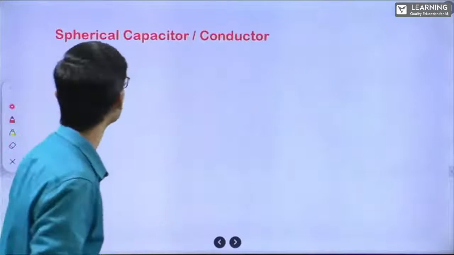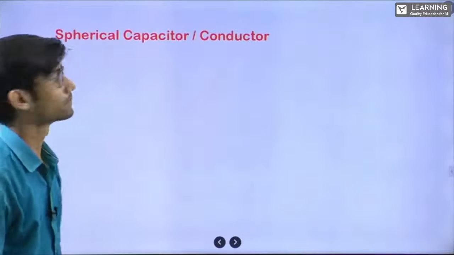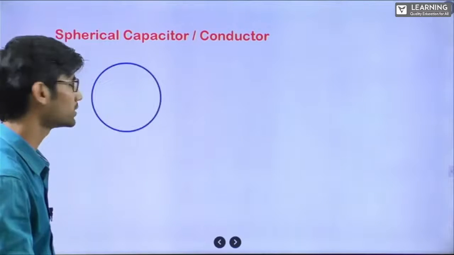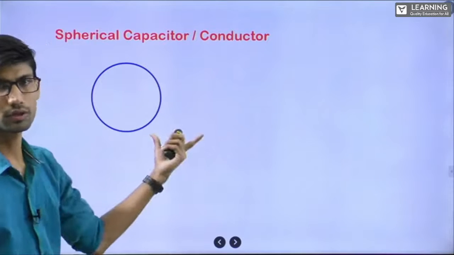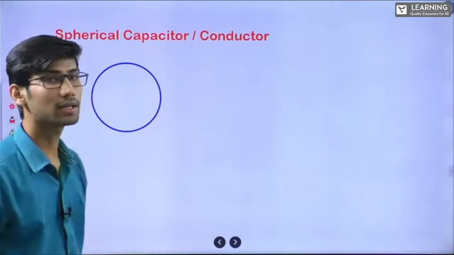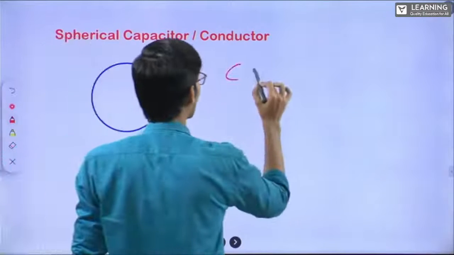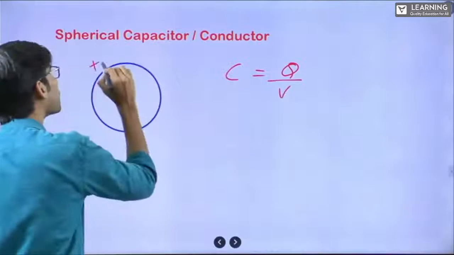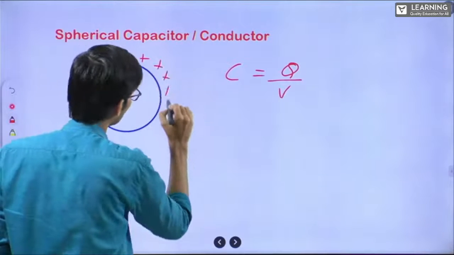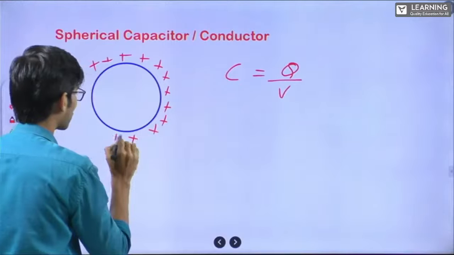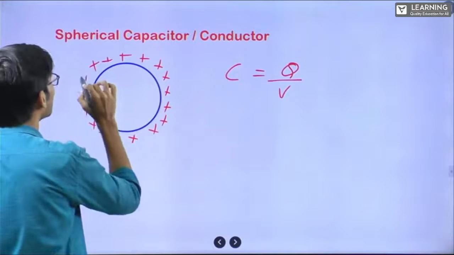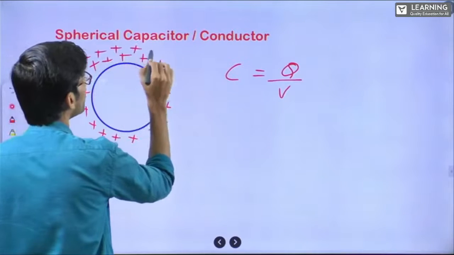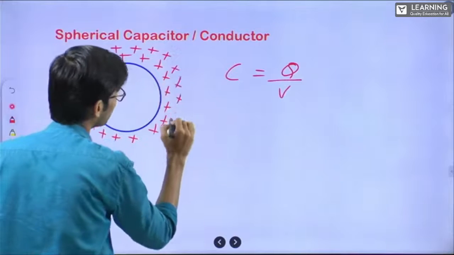Now we'll understand this. See, spherical capacitor or spherical conductor. This is a spherical conductor. For this spherical conductor, if I want to write the capacitance, capacitance is equal to Q by V. Suppose this is holding a lot of charge right now.